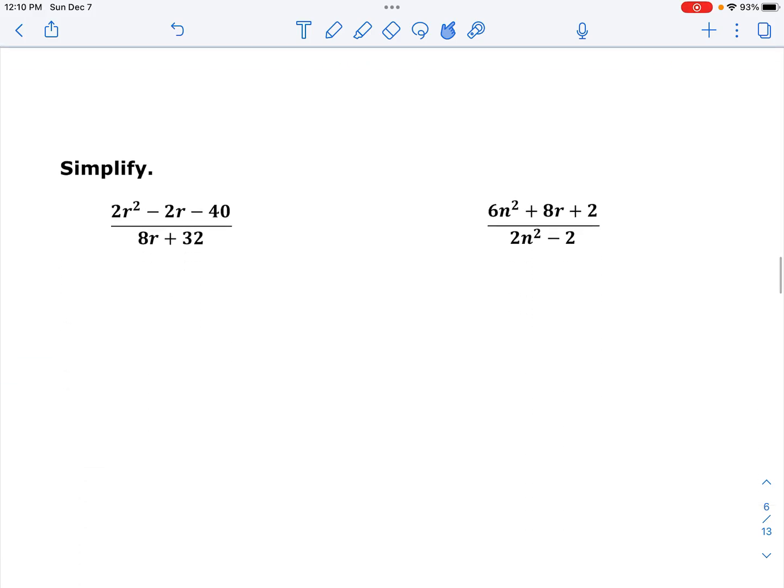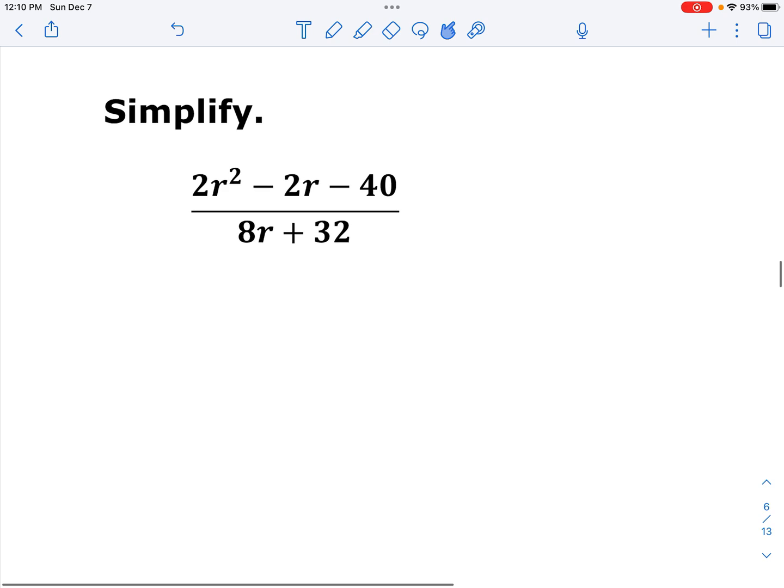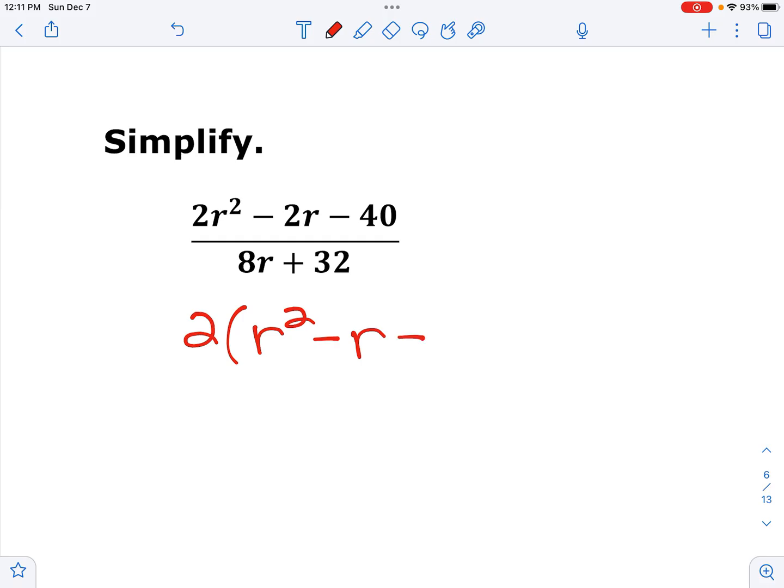Here's a little bit harder one. Again, I want to look for a GCF first. In the top, I see a 2 that I can take out, and then I would have r squared minus 1r minus 20. On the bottom, you have an 8 in common.